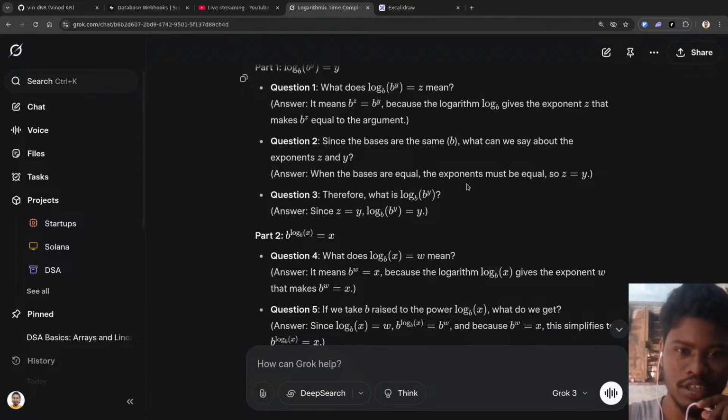Therefore, this log is this answer, z is equal to y. I'm missing something. Therefore, the log of p raised to the power y, base p, is equal to y.